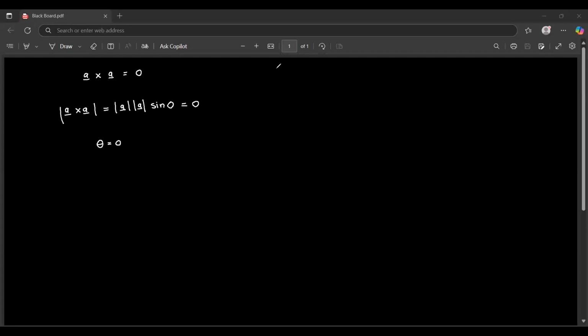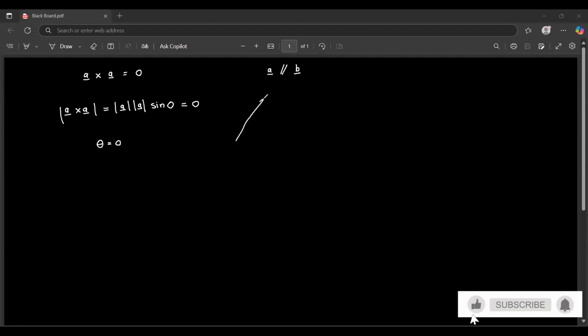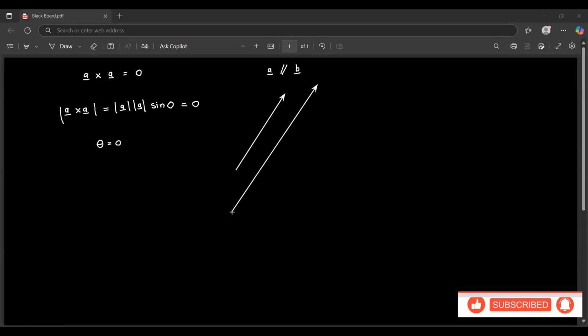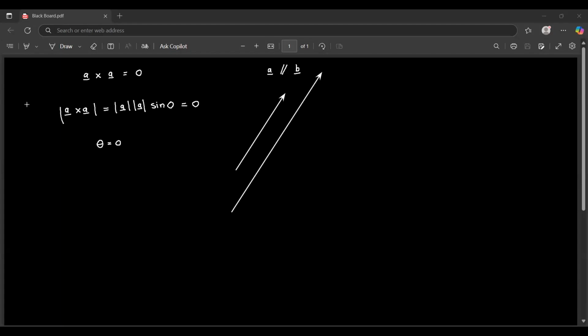Let's say A is parallel to B, which means it looks like this. We have vector A and vector B. The magnitude of A cross B will be equal to 0.